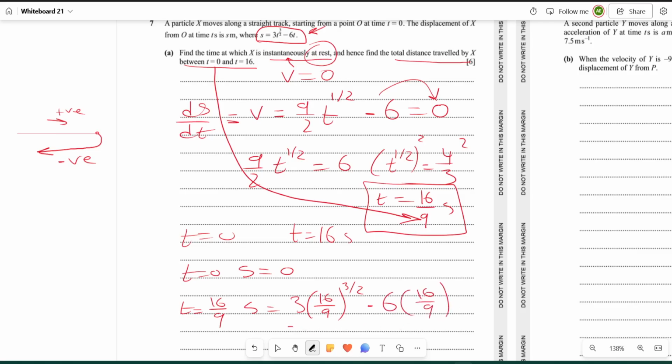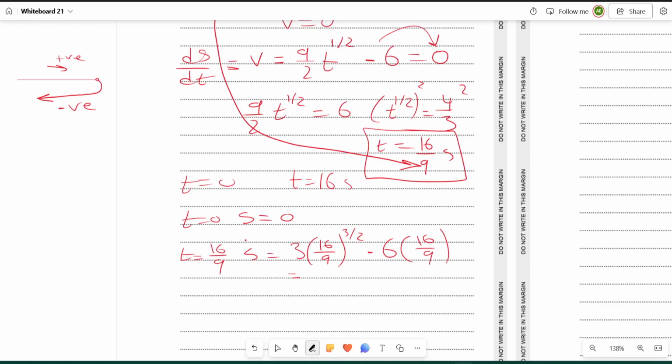That is going to give me a displacement of negative 3.56 meters. So if this is the origin, in this period of time from 0 to 16 over 9, I moved 3.56 meters to the right, okay?